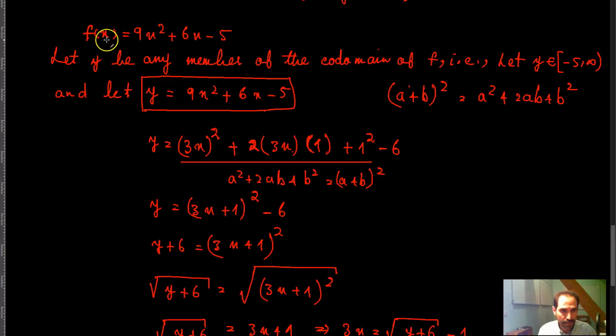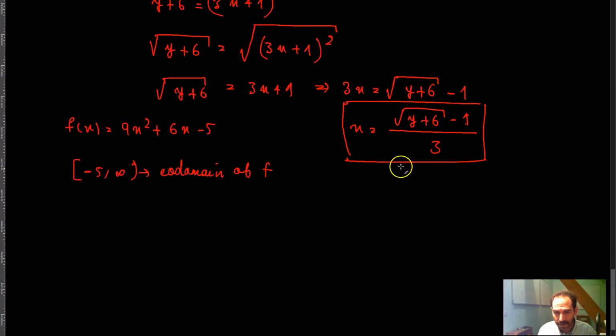In this function, I enter x and it gives me some image of x in the codomain of the function. Now we have made some changes to this, and as a result, we have gotten this equation. Now this equation tells me for every y what I'm going to get as an x, right?